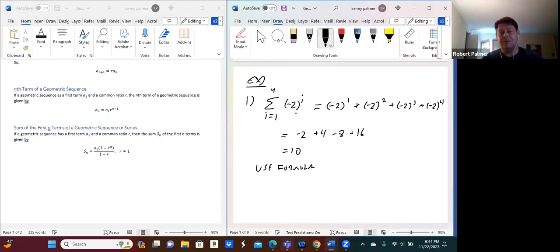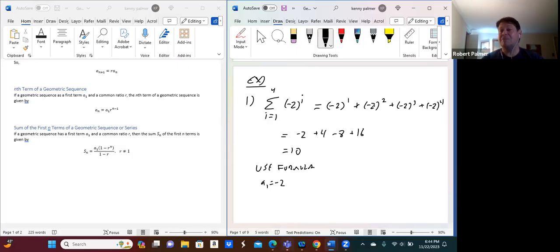Okay, so what we need to know then is, let's take a look at each one. Our a1, our first term in this sum, is negative 2. So a1 is equal to negative 2. Now, what's our common ratio? Actually, this gives us our common ratio right here. We're raising to the I, essentially multiplying each one of these by -2. So here was -2, we started with that.